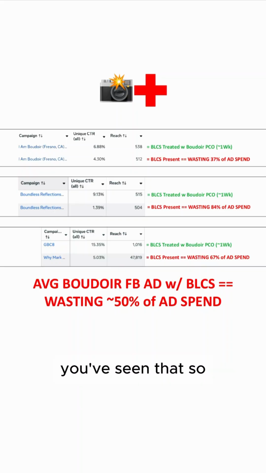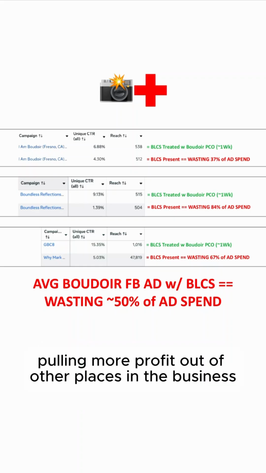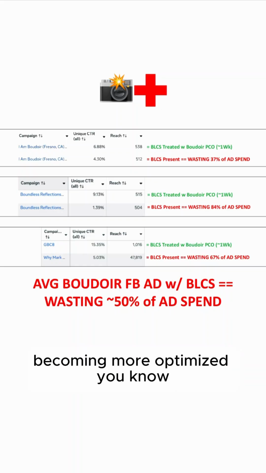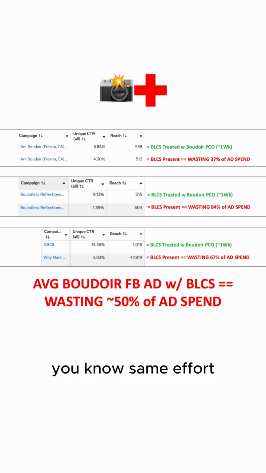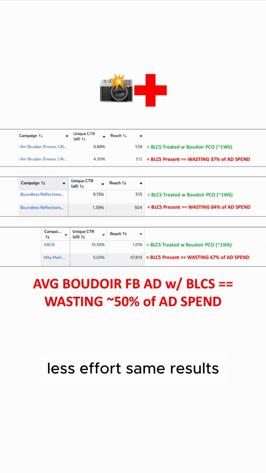So you've actually already been optimizing your business, pulling more profit out of other places in the business, becoming more optimized, same effort, more results type of things, or even less effort, same results.